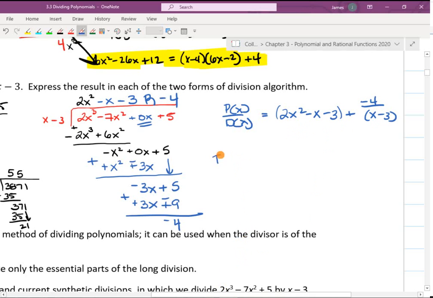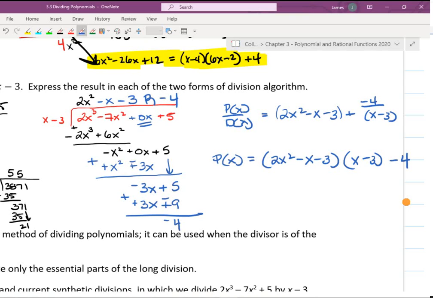If I want to write it as just p of x, then it is 2x squared minus x minus 3, my quotient, times my divisor, plus my remainder. My remainder in this case is negative 4. So those are alternative ways of writing the exact same information. Is that okay with everybody?